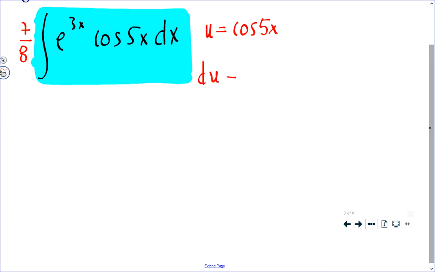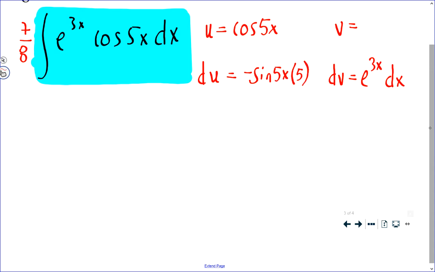I'm going to have to differentiate that to get du. The rest of the integrand I have to choose as dv, which means dv is e to the 3x dx, and of course I have to anti-differentiate that to get v. So the derivative of cosine of 5x is negative sine of 5x, and then multiplied by 5.